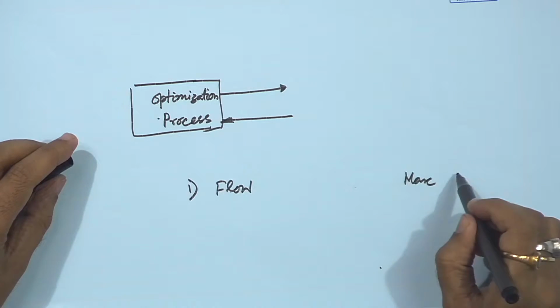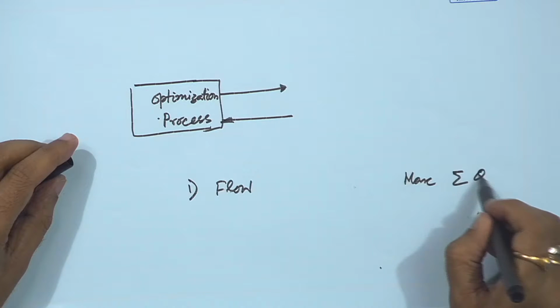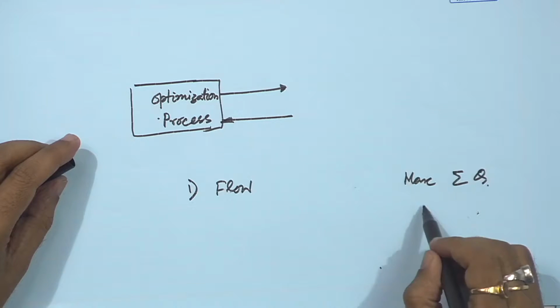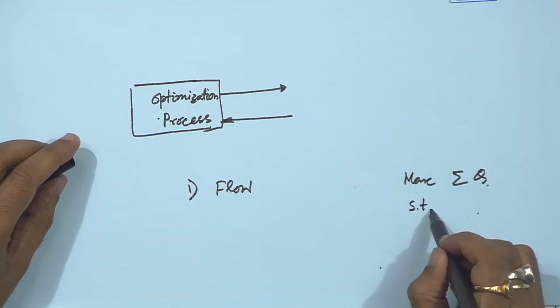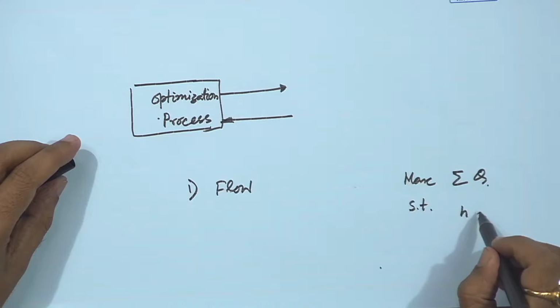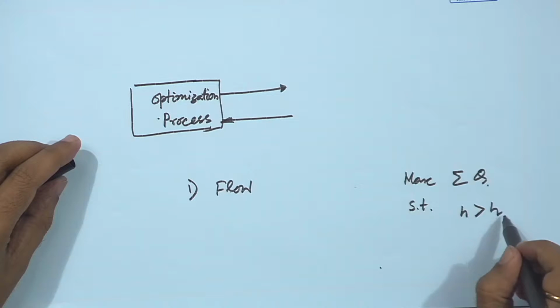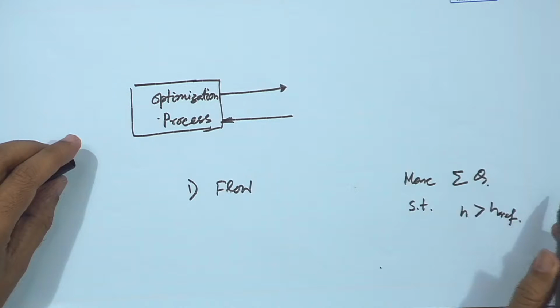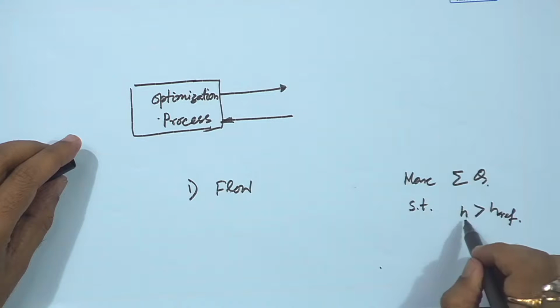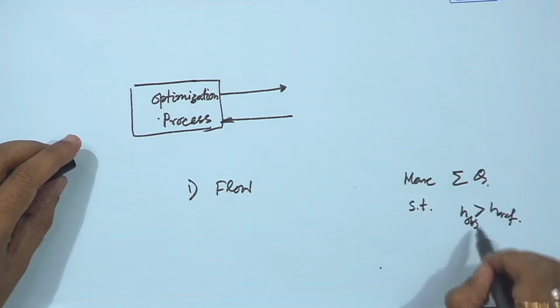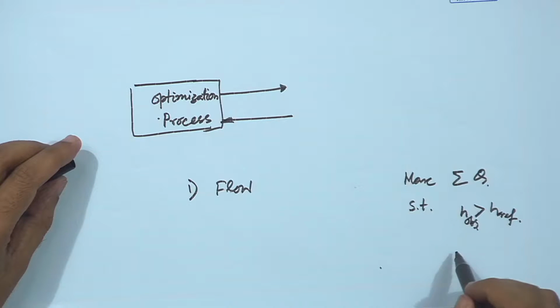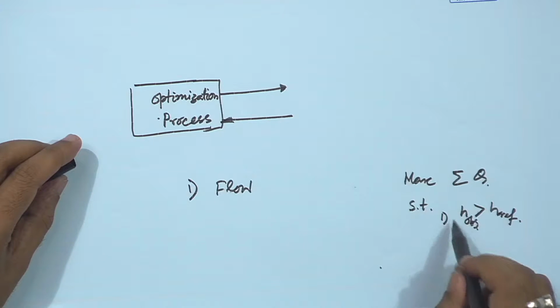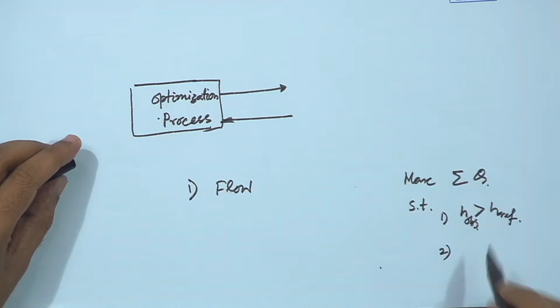Now, maximization of total pumping, subject to H should be more than H reference, that is for all points or all observation points, at least for observation points. This is your objective, first constraint. Second constraint should be your binding constraint. What should be your output?